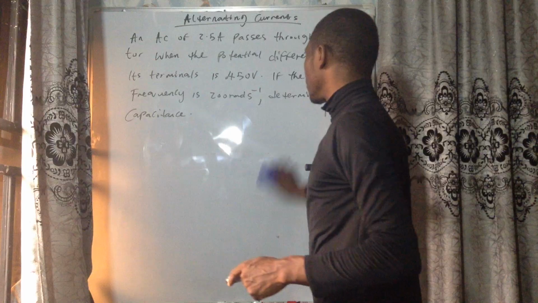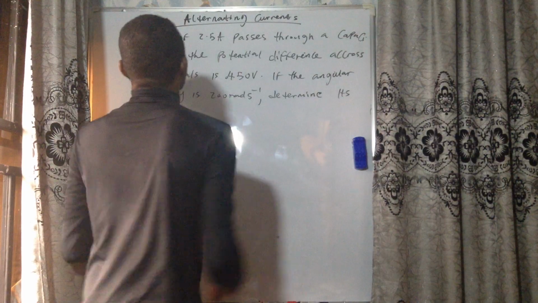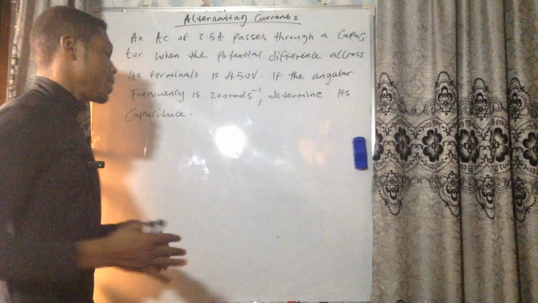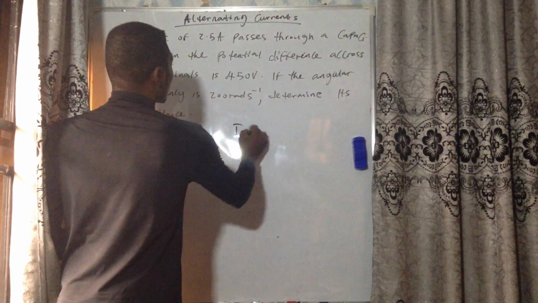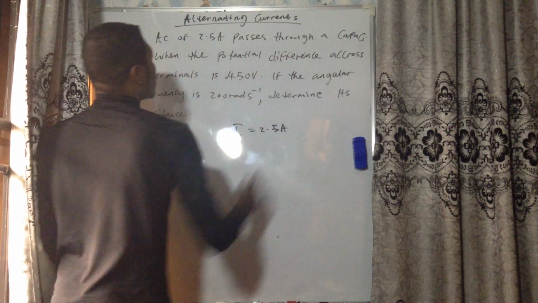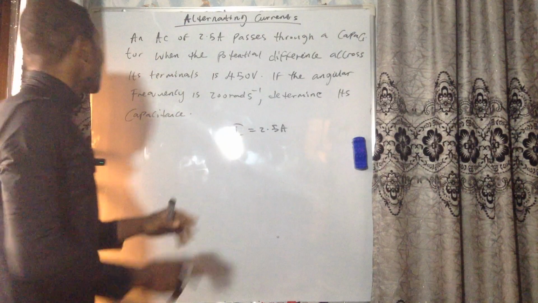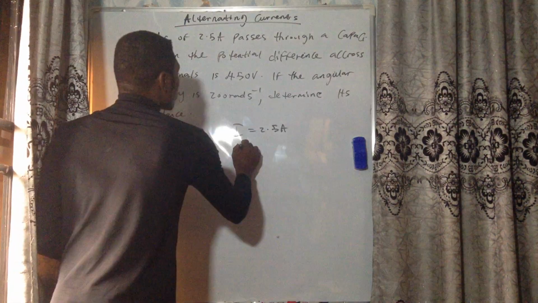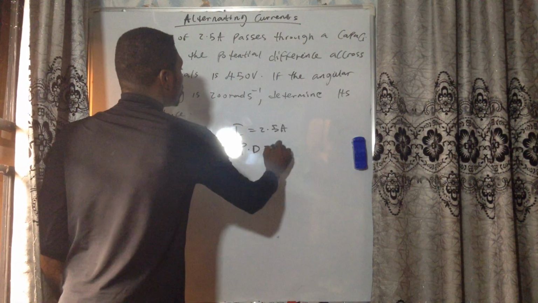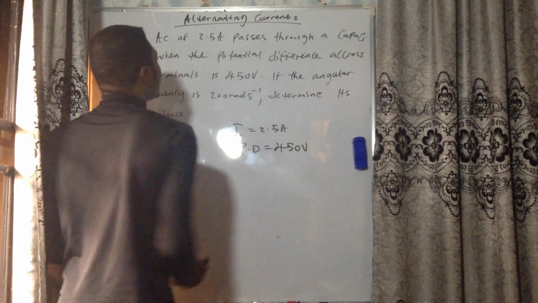Now, let us go. The question says that an AC of 2.5 amperes, I equals 2.5 amperes of current, flows through a capacitor when the potential difference across its terminals is 450 volts. The PD is 450 volts.